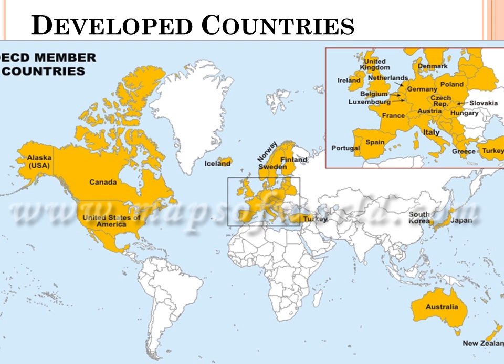It's worth remembering that there are some very, very powerful countries who are not in the OECD, such as Russia, China, India, Brazil. They have plenty of characteristics of developed countries. They're certainly very powerful overall, but their per capita GDP is still pretty small.